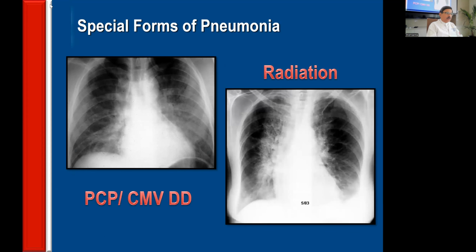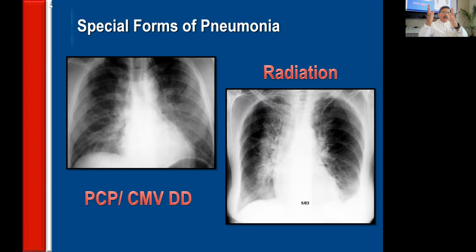Then there is what is called PCP pneumonia, pneumocystis carinii pneumonia, very mild, vague, patchy, and cytomegalovirus is also a differential diagnosis. Radiation pneumonia. So people who undergo radiation for breast cancer or any other chest disease related radiations end up with pneumonia.